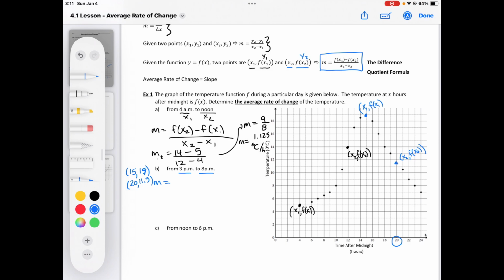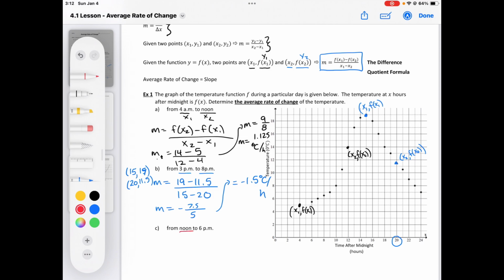We're finding the difference between our y values: 19 take away 11.5 over 15 take away 20. Which gets us to minus 7.5 over 5, or 7.5 over minus 5, which simplifies to a decimal value of minus 1.5 degrees Celsius per hour, the rate of change between those two points.